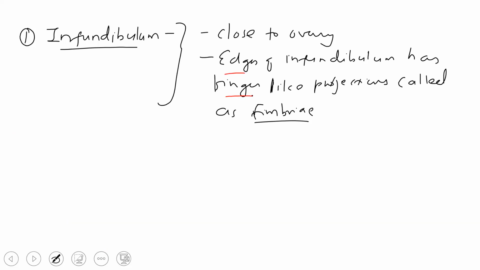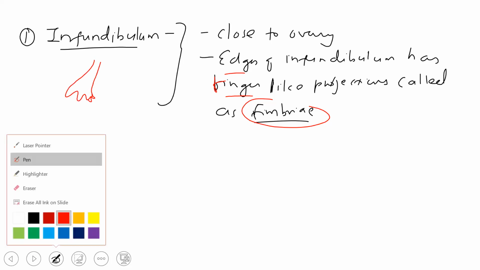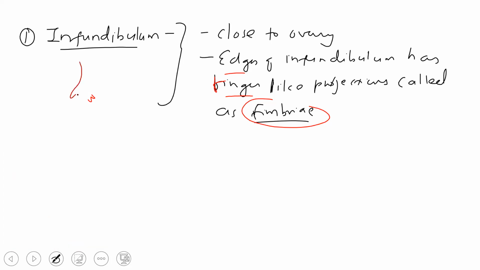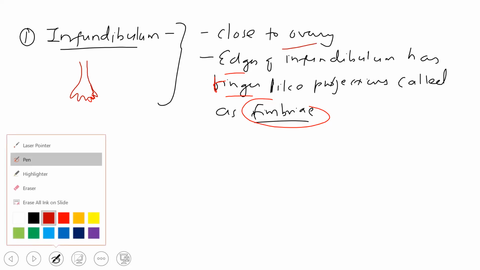This finger-like portion which we call fimbriae, which we talked about, looks something like this. This is close to the ovary.